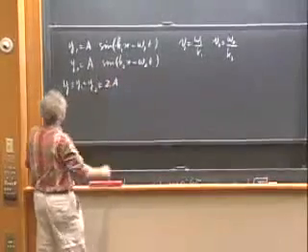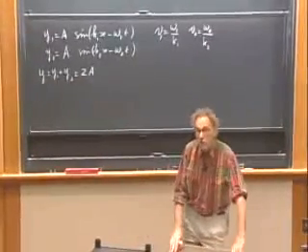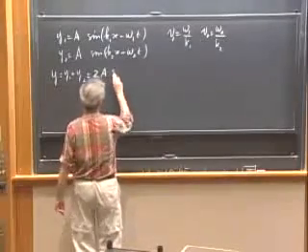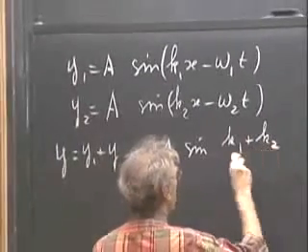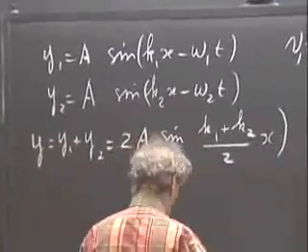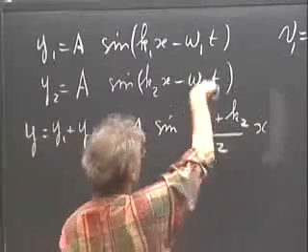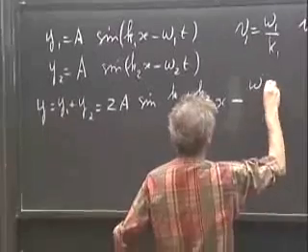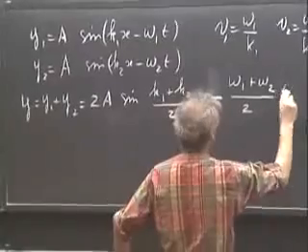So that becomes 2a times the sine of half the sum times the cosine of half the difference. And so that gives me the sine of k1 plus k2 divided by 2 times x, plus this term, so that becomes minus omega 1 plus omega 2 divided by 2 times t.